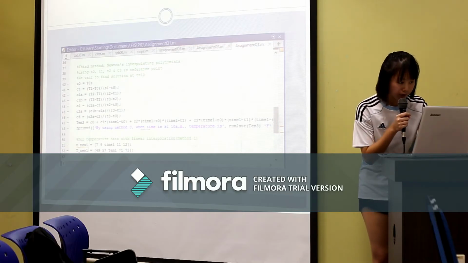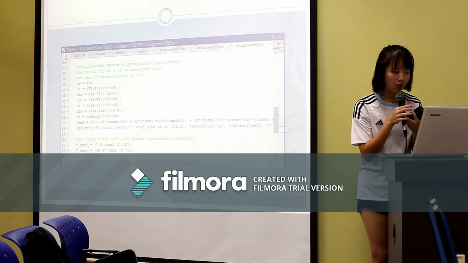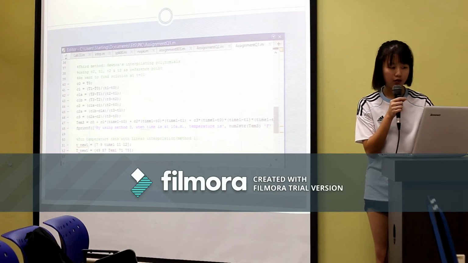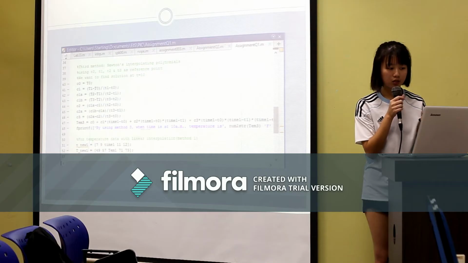So the formula is given, as you can see on the slide, C0 is equal to temperature 0, and then C1 is temperature 1 minus temperature 0 divided by T1 minus T0.